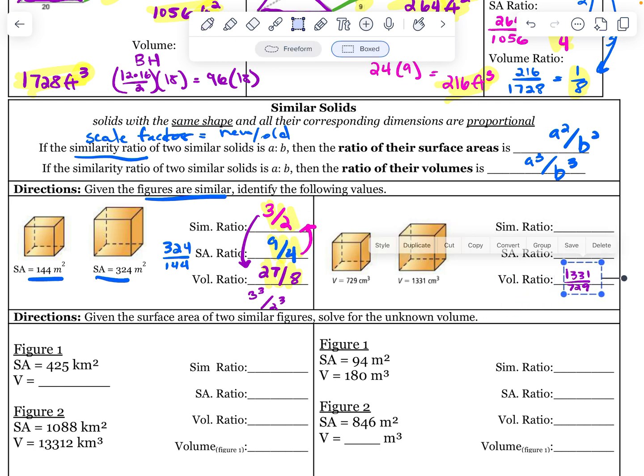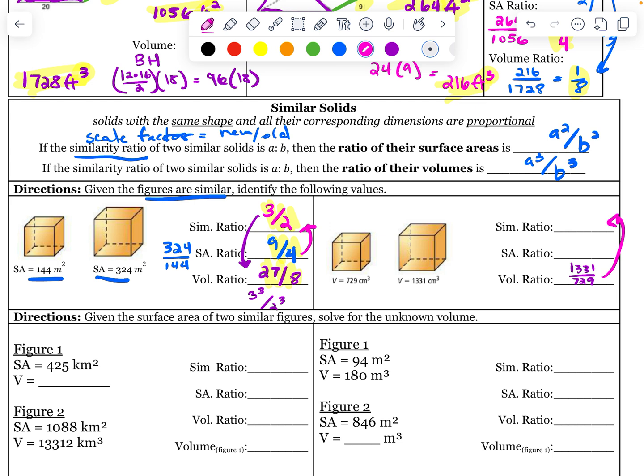Okay, I need to go all the way back to my regular similarity ratio, okay? So we're going to take the cube root of each one of these. So I need the cube root of 1331, and I need the cube root of 729. Don't know why that's struggling today.